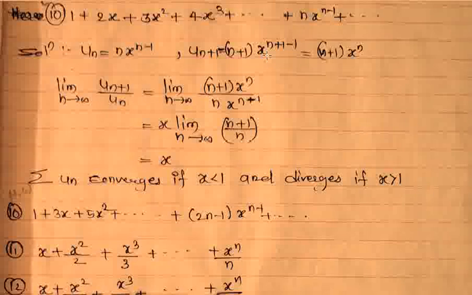You want to simplify it down. And you're going to get minus 2, which is less than 1. So un is divergent for x greater than 2, convergent for x less than 2.